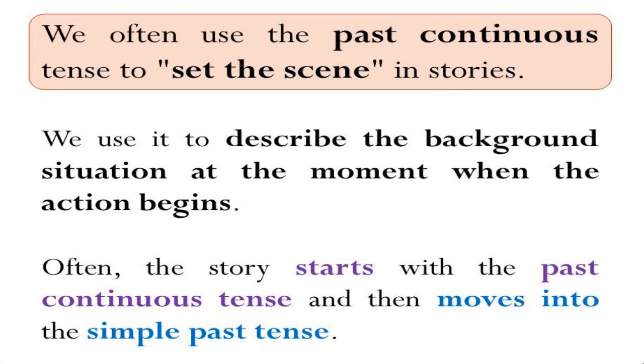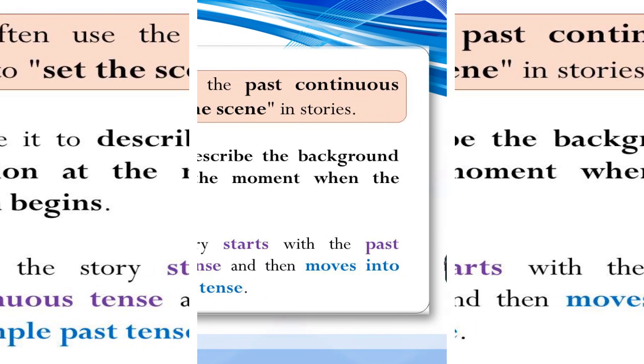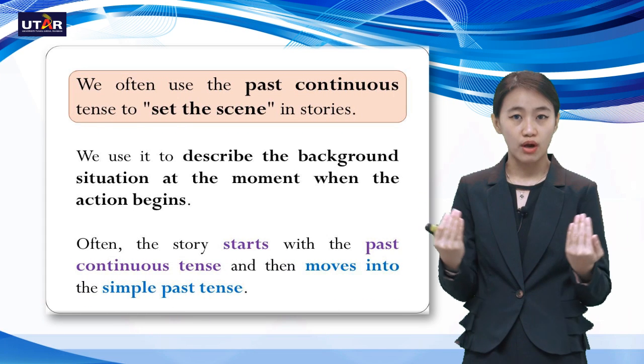Another function of the past continuous is we often use the past continuous tense to set the scene in stories. So we use it to describe the background situation at the moment when the action begins. So here, it actually helps your reader, especially when it comes to writing, to understand the situation, or in this case, the background.